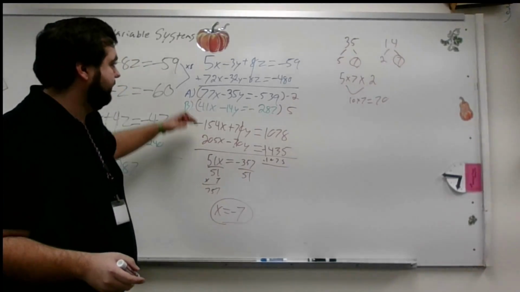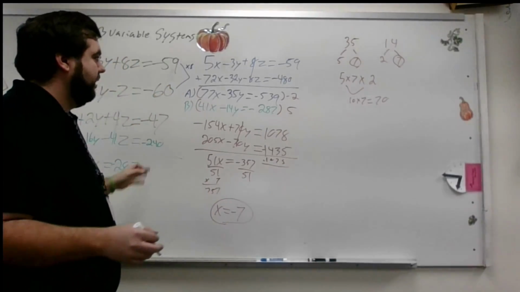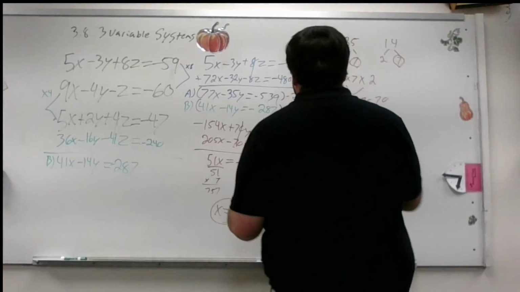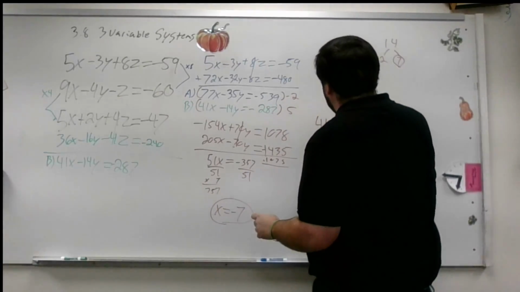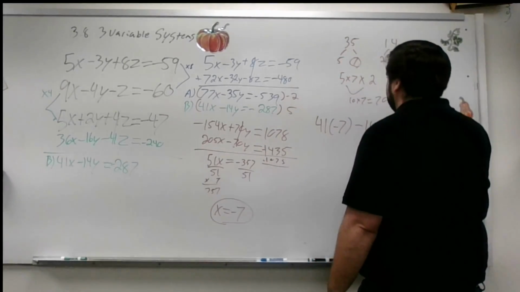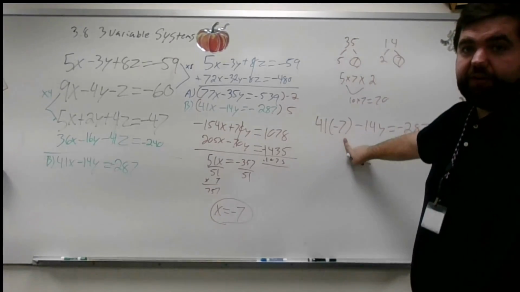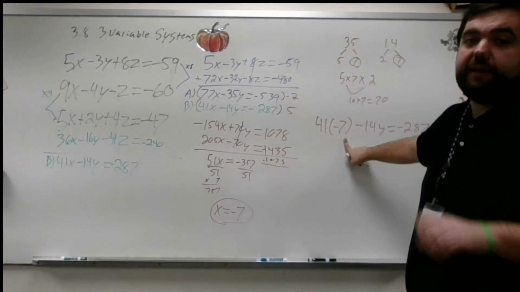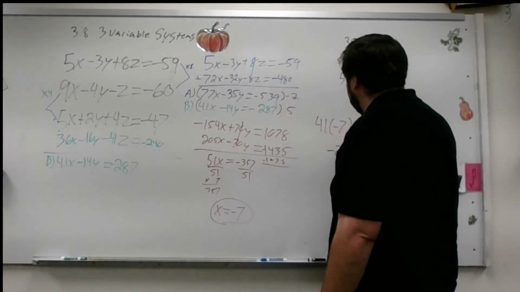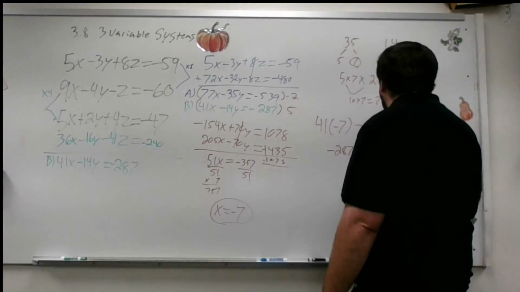I then take that and plug it back into either A or B. Doesn't matter which one. I'm going to go with B because 41 is a smaller number. All right. 41 times negative 7 minus 14y equals negative 87. 41 times 7, well, that's just 4 times 7, 28, add a 0, 280, add a 7, negative 287 minus 14y is equal to negative 87.